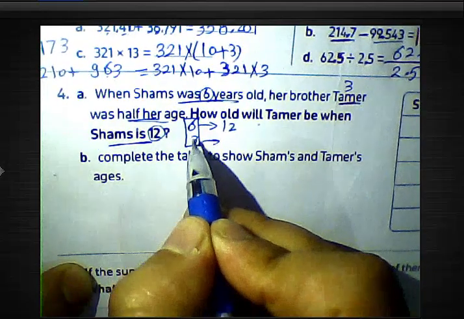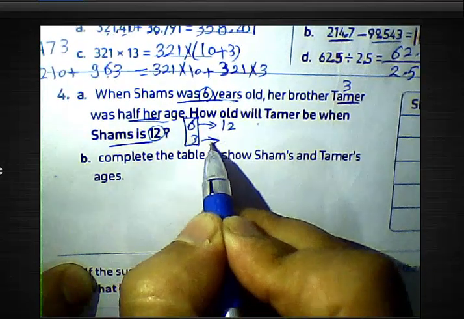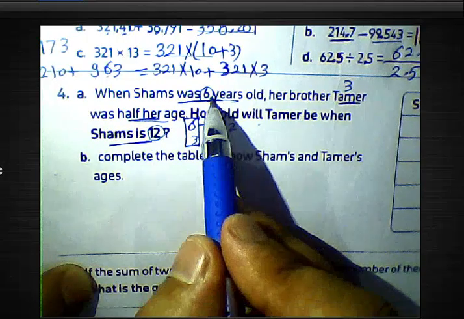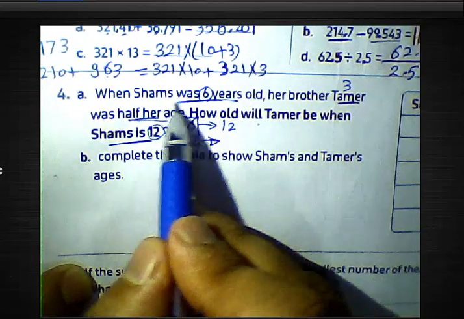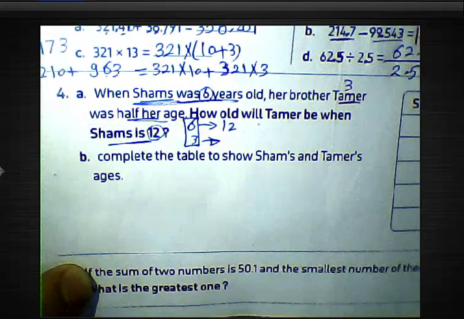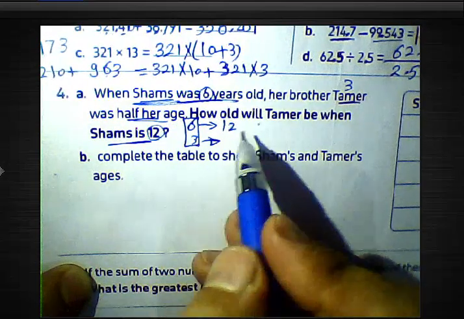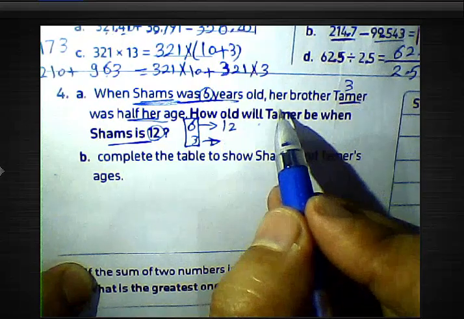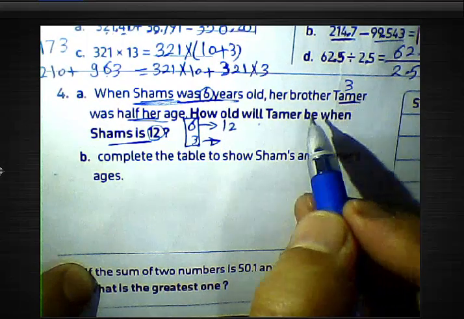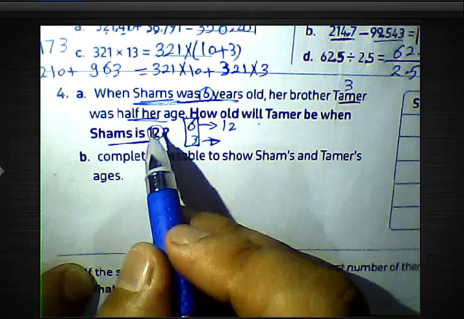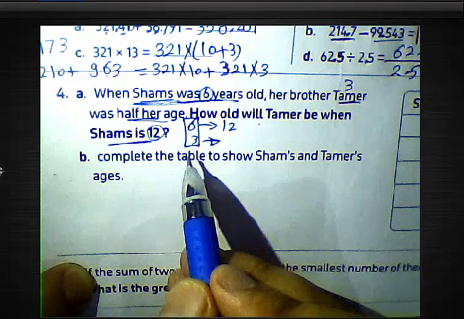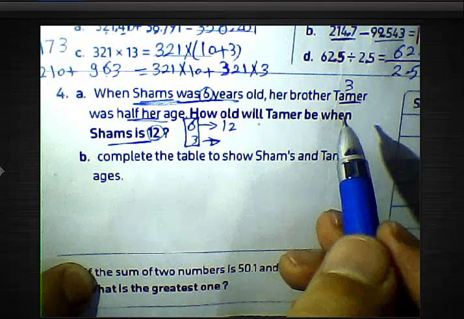Here we have 6 years, the age of Shams, and Shams's age will be 12. And what about the age of Tamer? We know Tamer, her brother, was half her age, so Tamer is 3 years old.